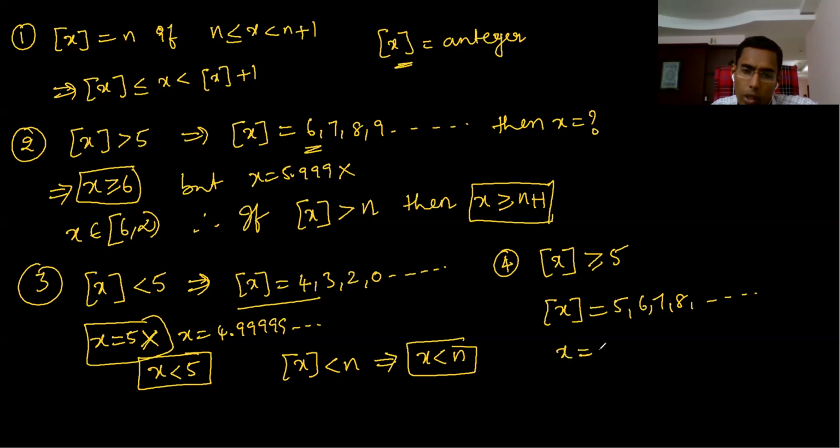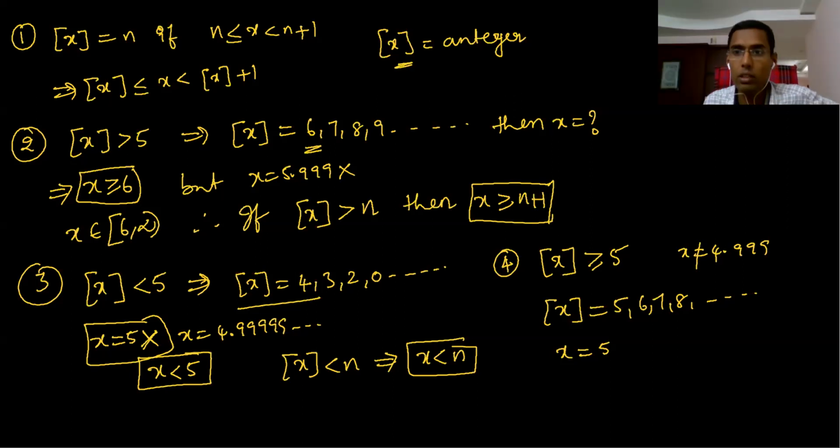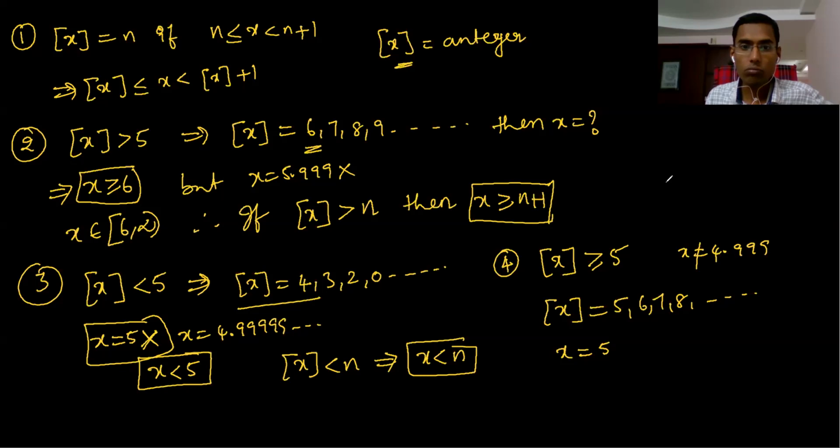If you take x as 5.1 or 5, okay. But x cannot be 4.99999, because then you get only 4. Therefore, you cannot take this.